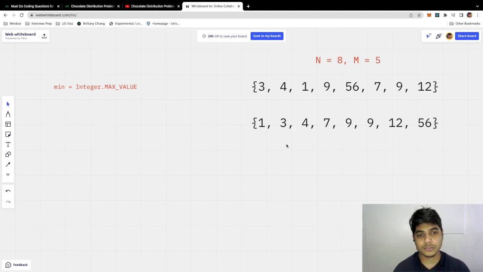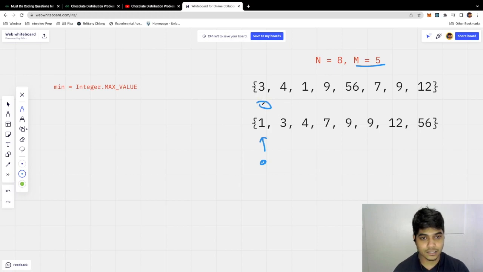So we would start from here. We would do an iteration from zero, and we would take the first m elements in the array. In this case, it would be i plus m minus 1, so 0 plus 5 minus 1 is 4.